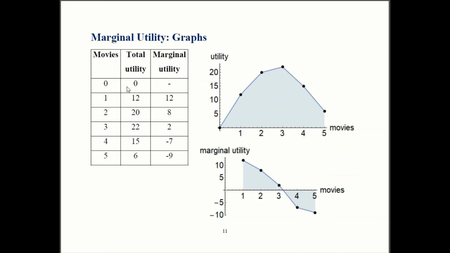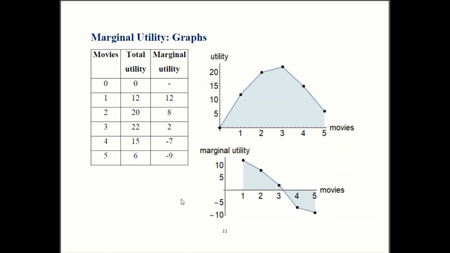So with our first movie, our total utility went up by 12, so marginal utility was 12, so we have 12 over here. Utility rose by 8 with the second movie, so we graphed that over there. And for the third one, it was an increase of 2, so we have 2 for the third movie. And you see you always have a negative slope for marginal utility.